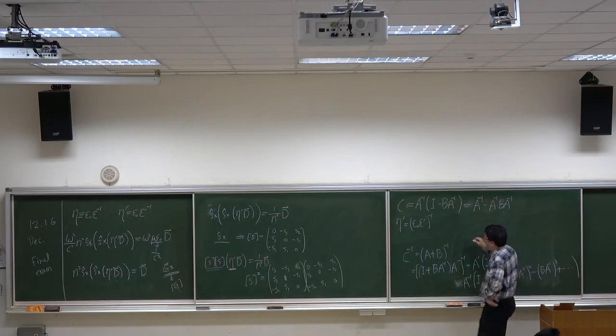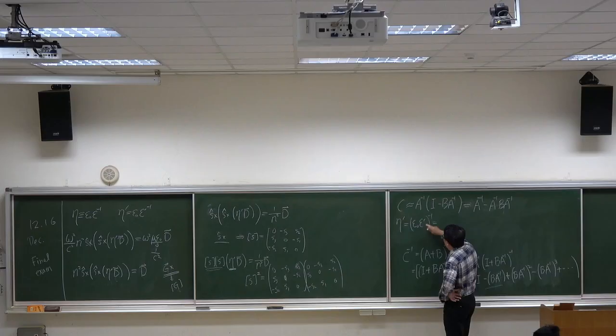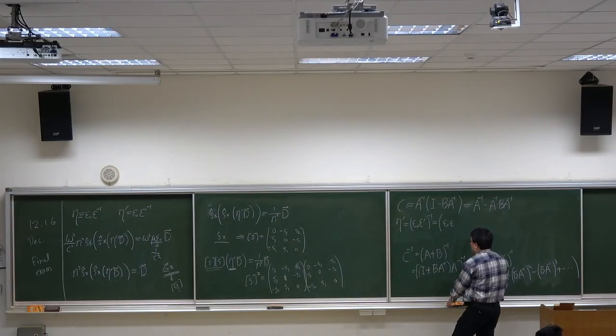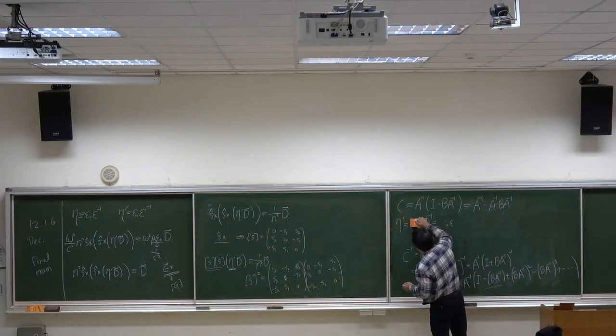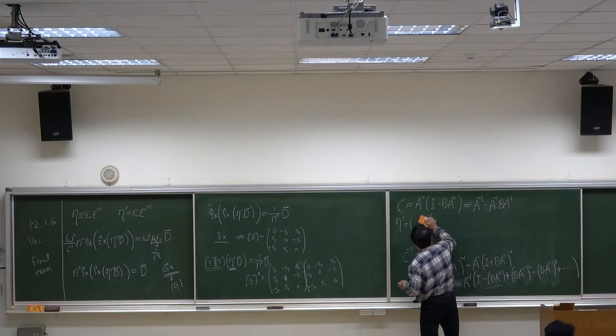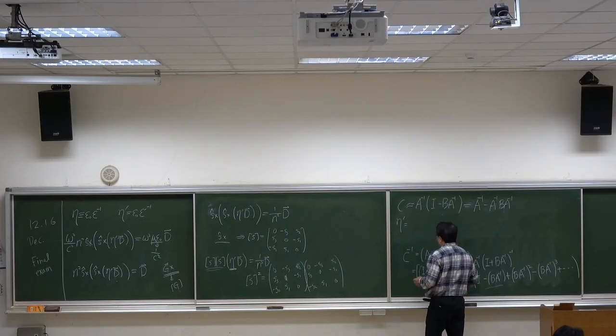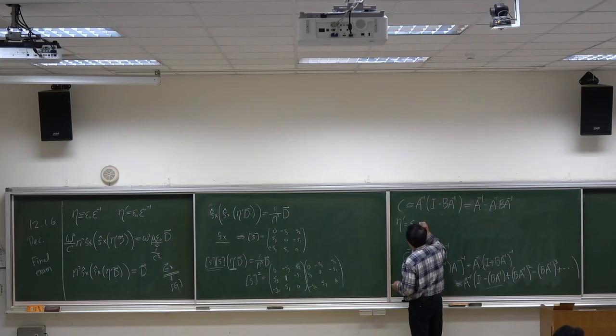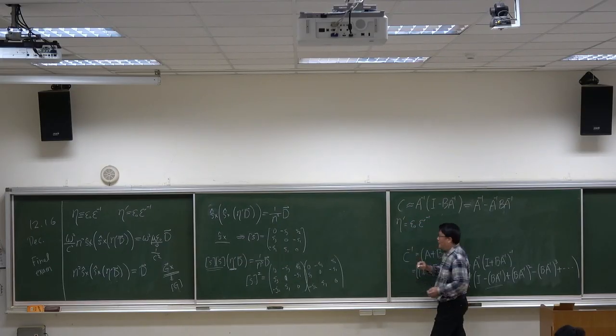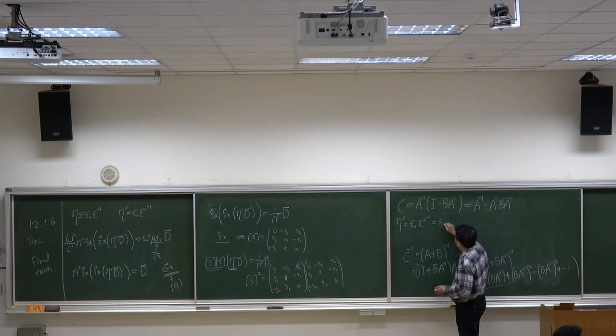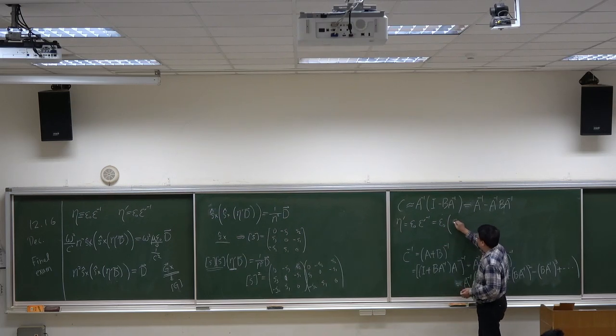And what is epsilon prime? Epsilon prime is epsilon plus i epsilon 0 G. Inverse.